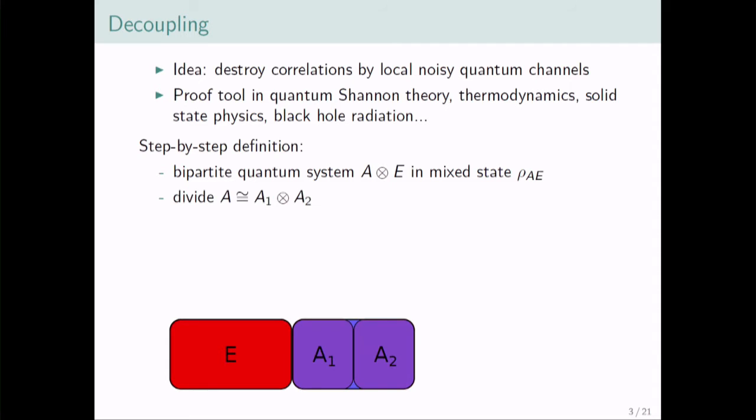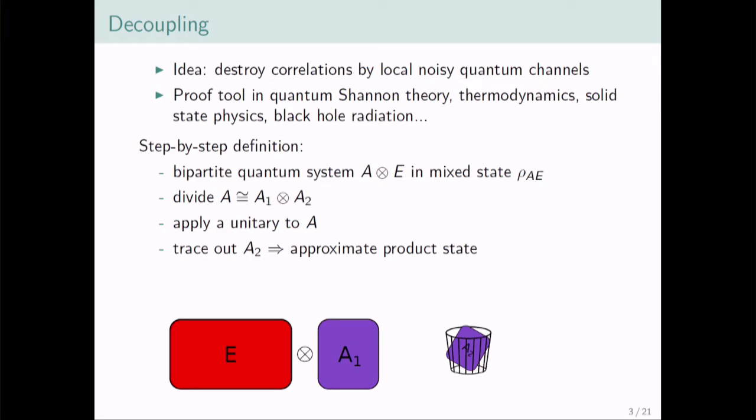Now, we subdivide the system A into two parts, A1 and A2. We apply a unitary to the A system here, and then we take the partial trace over A2. This is basically the noisy part of the map. And then if we did everything right, then the remaining system A1 is in a product state with system E.